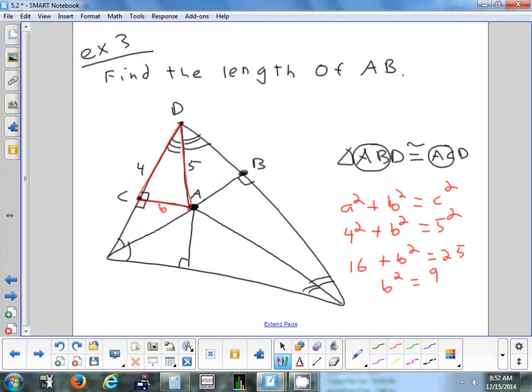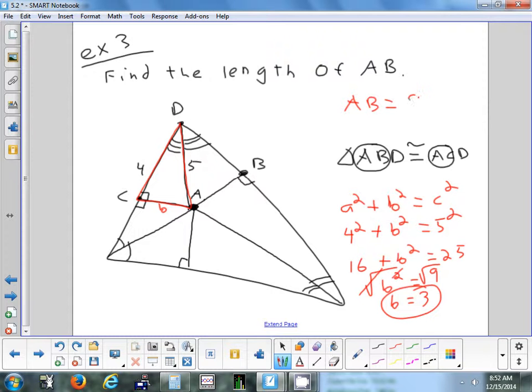Okay, and as somebody said last time, take your square root. That cancels out the square. And square root of 9 gives me 3. So now we know the length of AC. But AC is congruent to AB, and that's what they really wanted.